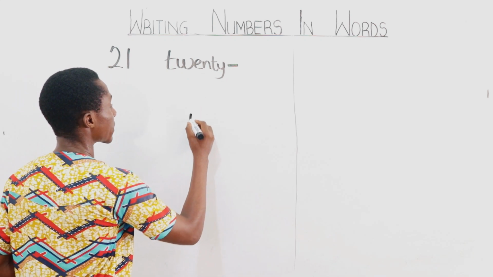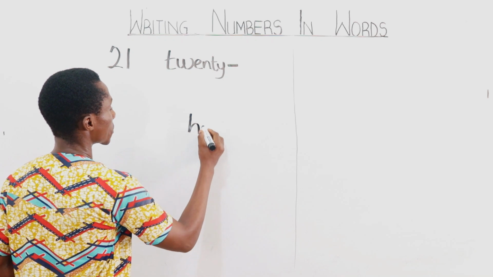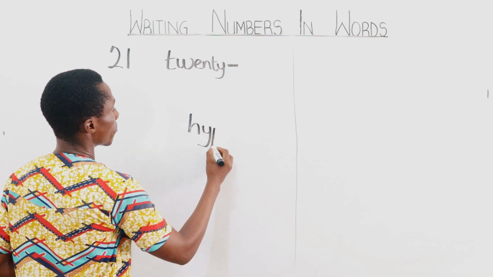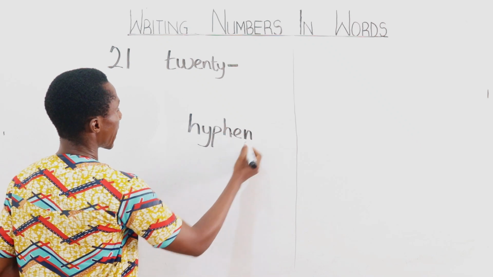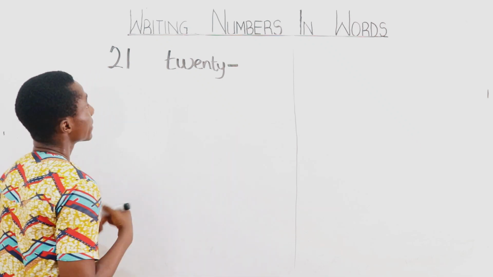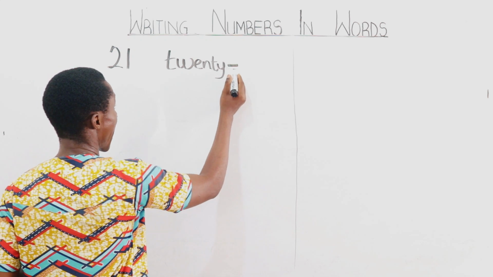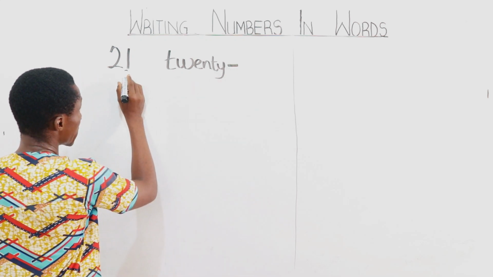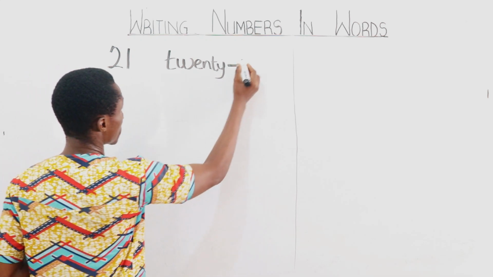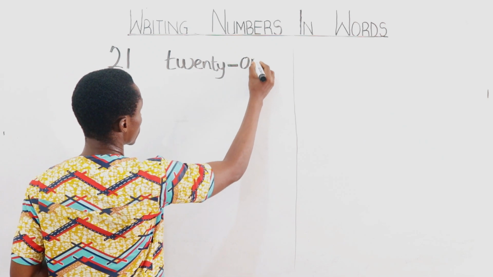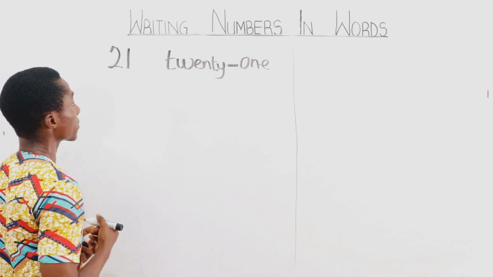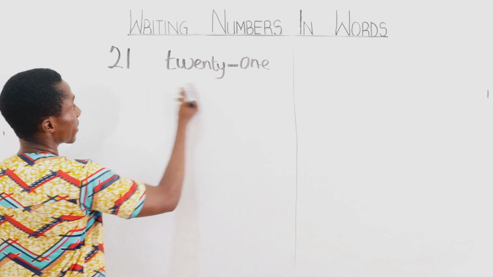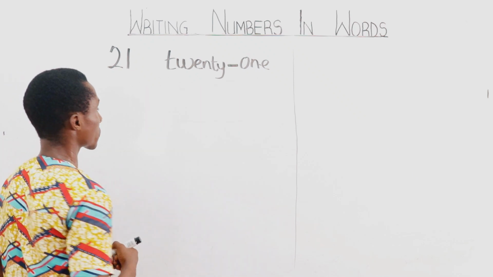Well, a hyphen is spelled H-Y-P-H-E-N, a hyphen. Now, after the hyphen, we write the number 1. And that gives us the number 21 in words.